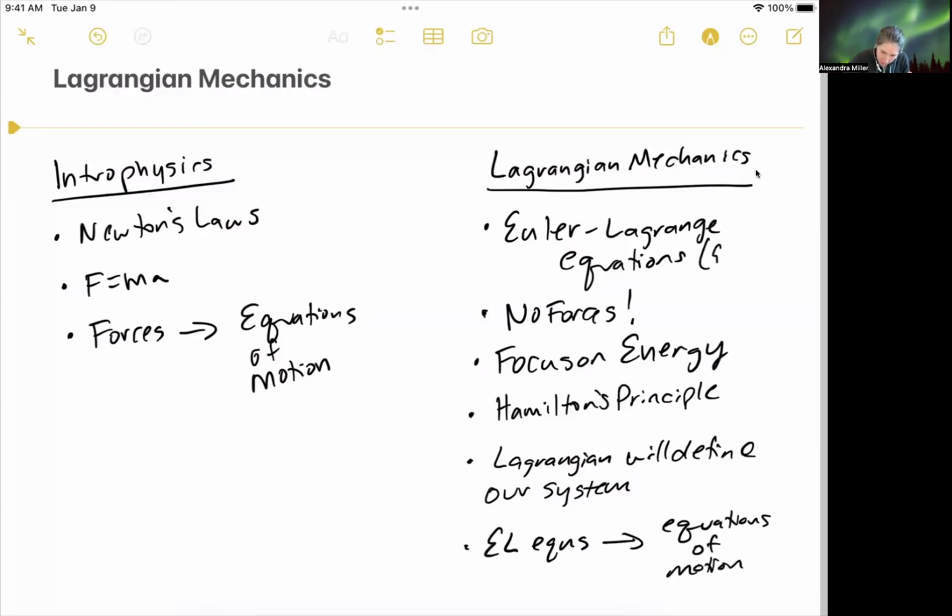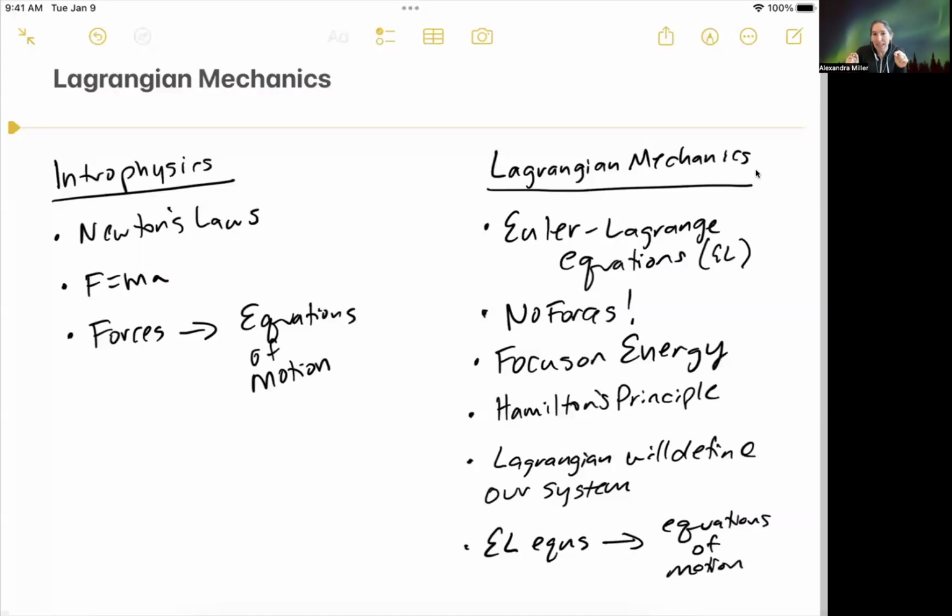So EL here is Euler-Lagrange equations. And the key thing is everything is going to look very different if you study a classical mechanical system in this way, up until the point of the equations of motion. Once you find the equations of motion, you'll find that these two very different methods will agree.